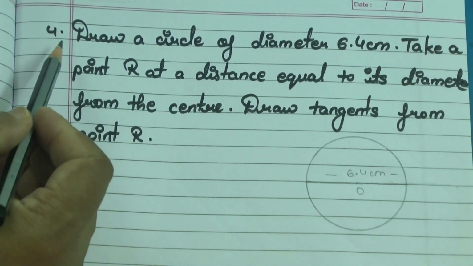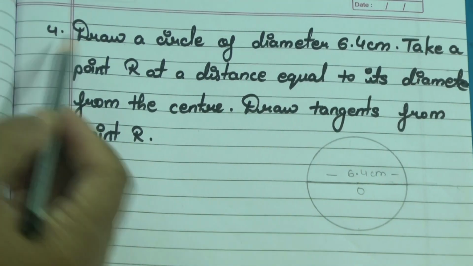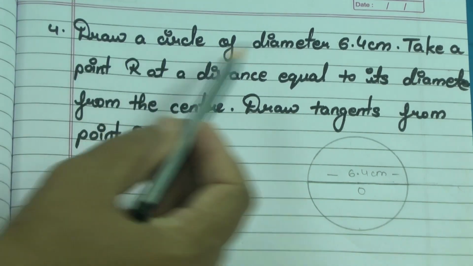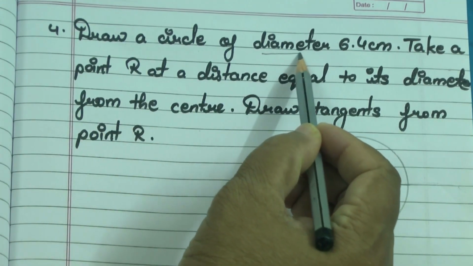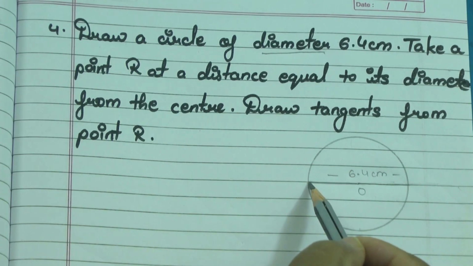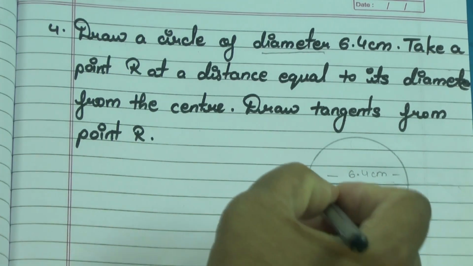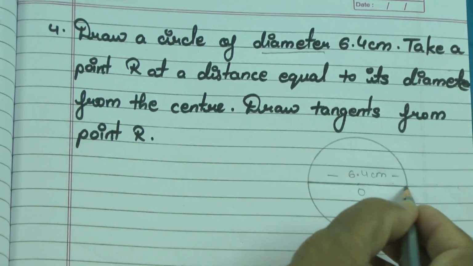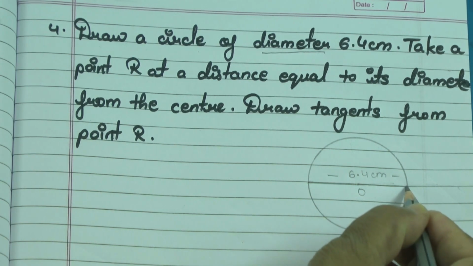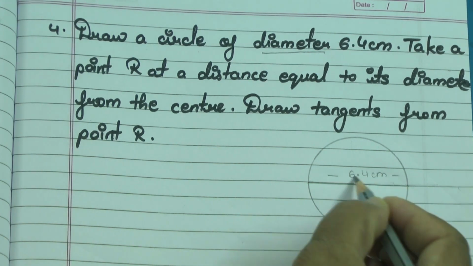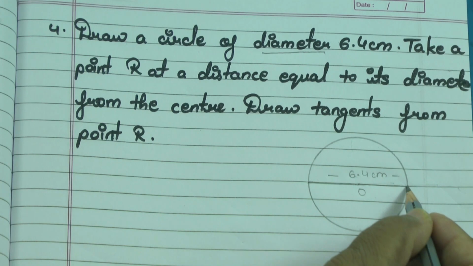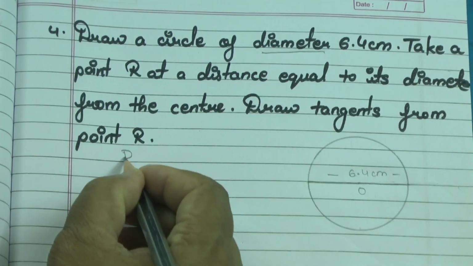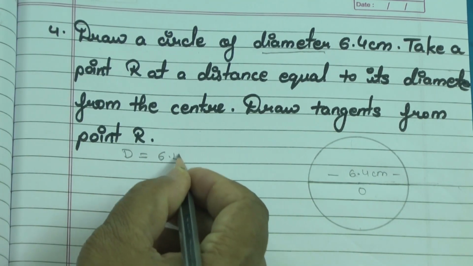Now we have question number 4 of the problem set. We have to draw a circle of diameter, from this point to this point, the longest chord of the circle, 6.4 centimeter. So diameter is equal to 6.4 centimeter.